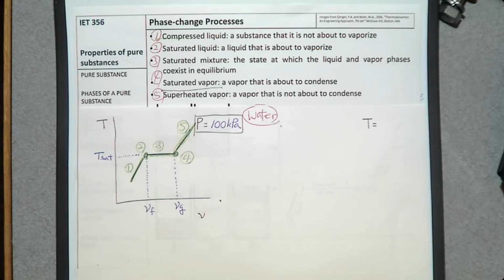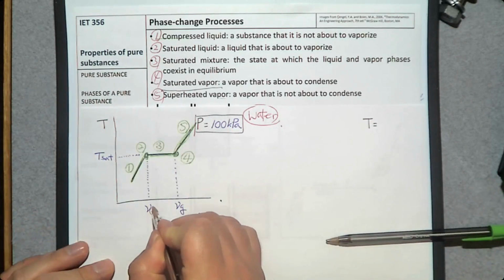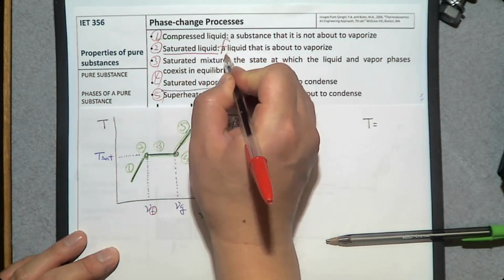Vf is the specific volume of saturated liquid. Vg is the specific volume of saturated vapor. So this subscript f represents saturated liquid, that is f.